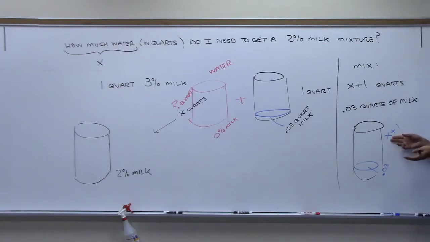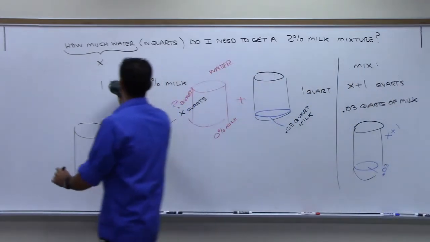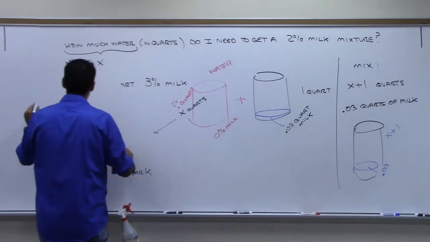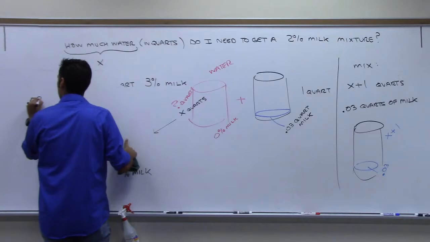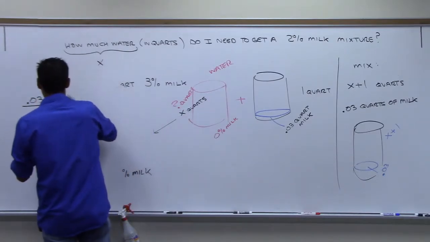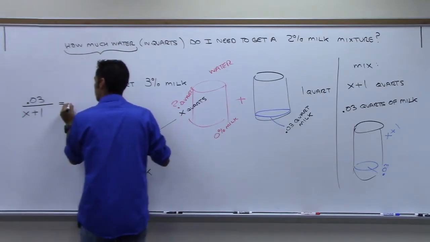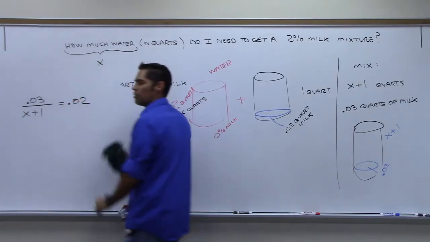We don't know how much stuff is there, but we know that the ratio has to turn out to be 0.02, 2%. So that is the equation I'm now going to set up. I know that the amount of milk total in the mixture over the total amount of liquid must be equal to 0.02. Do you agree with that?